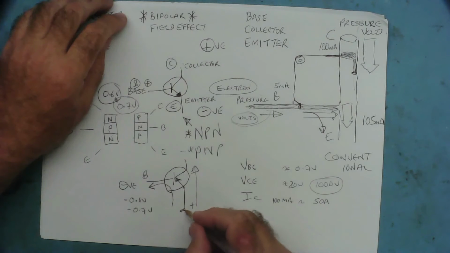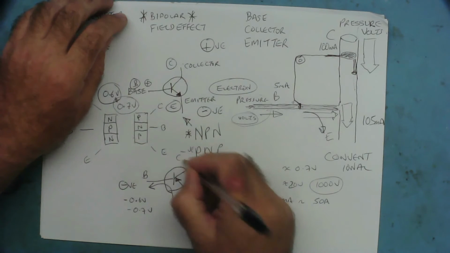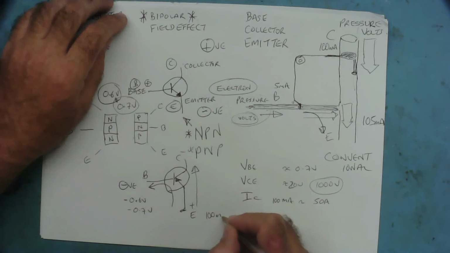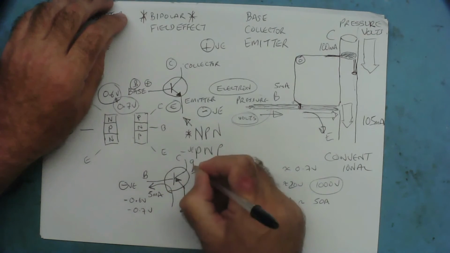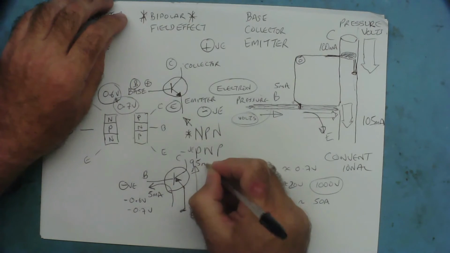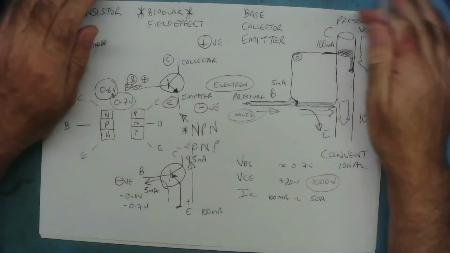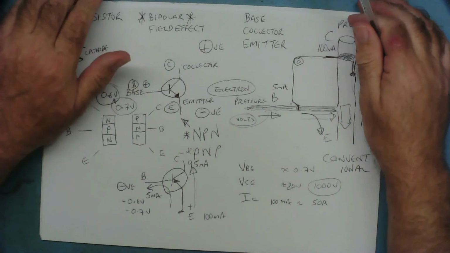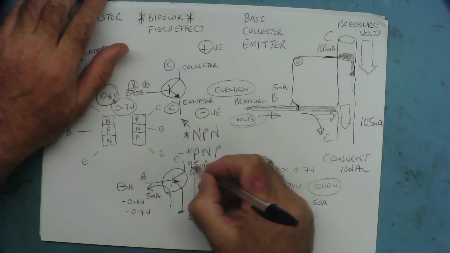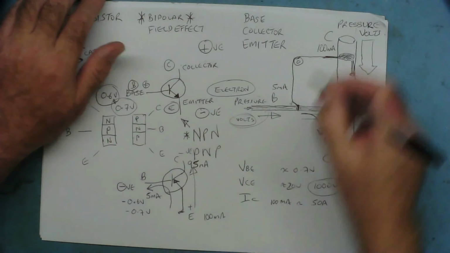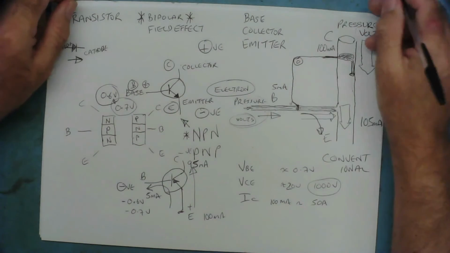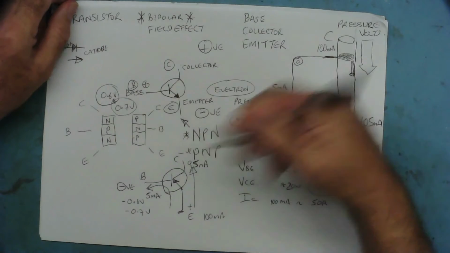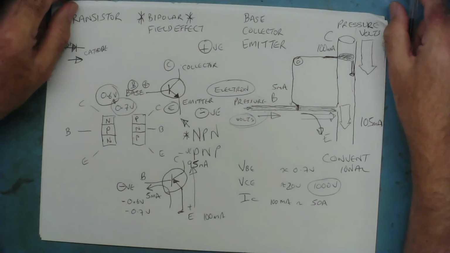So in this case, if the emitter flow was 100 milliamps, with 5 flowing into the base of the control, only 95 would come out of the collector. Everything about PNP transistors is back to front, and sometimes you have to have a certain type of head to get around them. NPNs kind of make sense. But there you go, that's your PNP transistor and the way the current flows.